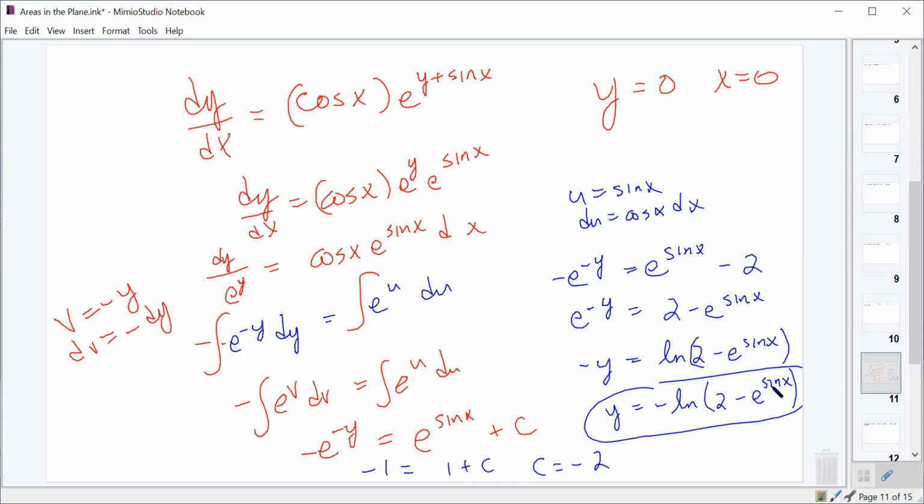The smallest value that sine x will be is negative 1, which will make this 2 minus e to the negative 1, or 2 minus 1 over e, which is always positive. And then the largest value that sine x will be is 1. So that would be 2 minus e. And so that one ends up giving us a negative right there. And so we'll have to find a place.